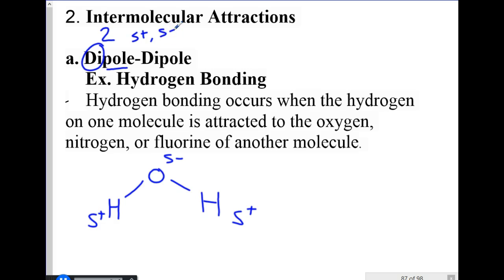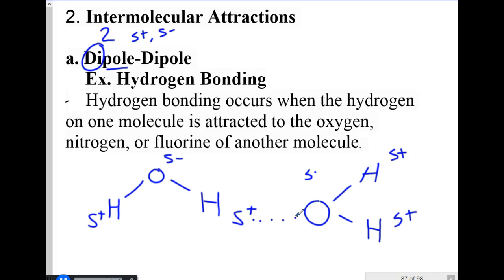And if we have another one of its kind that also has oppositely charged ends, or is a dipole, then we can have an interaction between this molecule and this molecule.